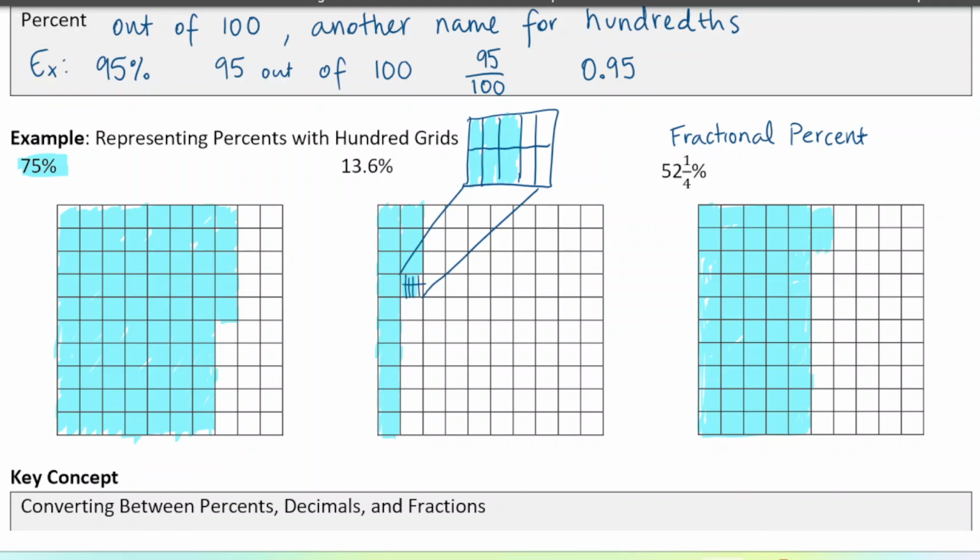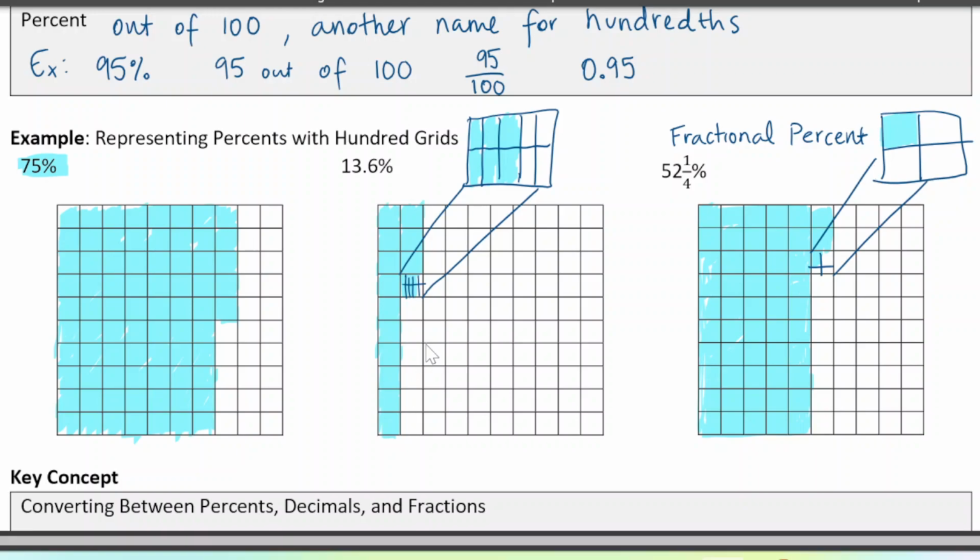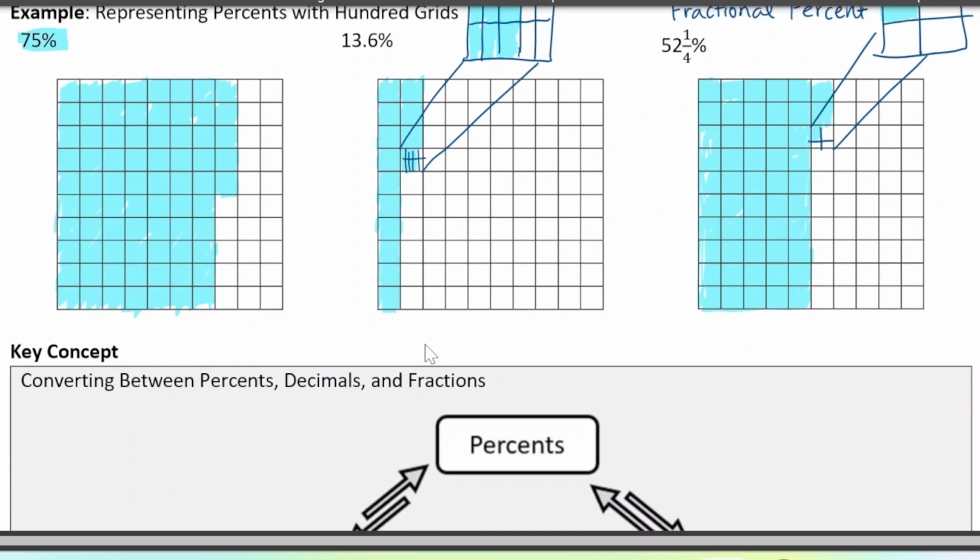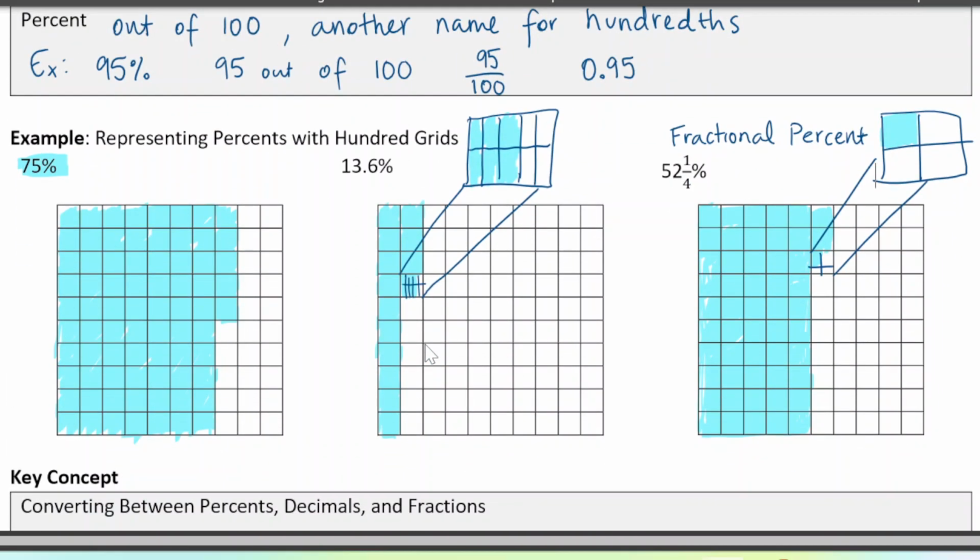Okay, and then we want to do 1/4 of this final square. So it's hard to see it if I just try and do it here. So I'm going to zoom in again and draw it larger and show that we're coloring in exactly 1/4. If I had a ruler, I would do a better job at dividing that up nice and evenly, but you get the idea.